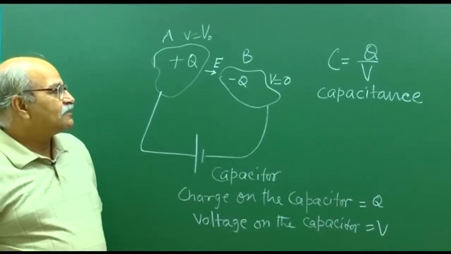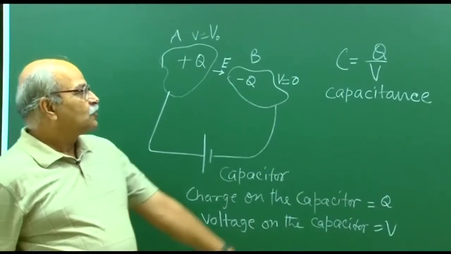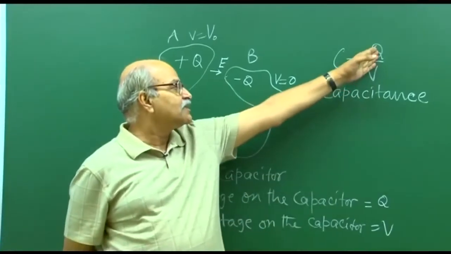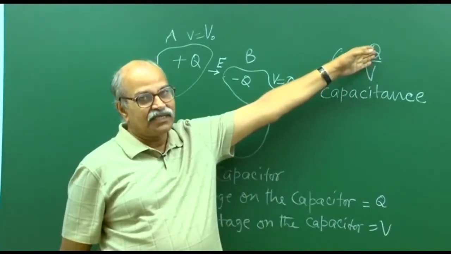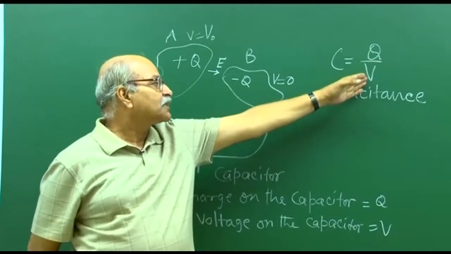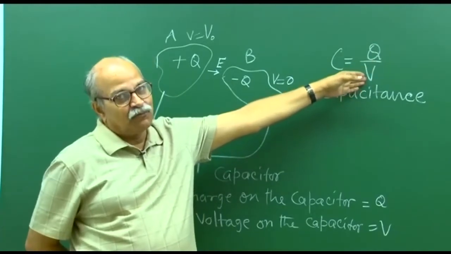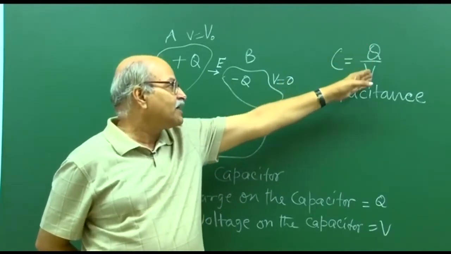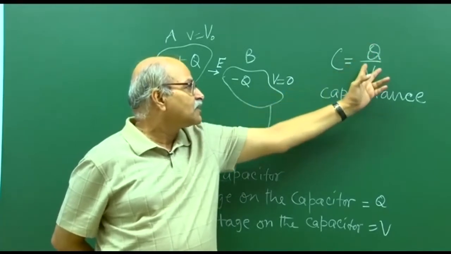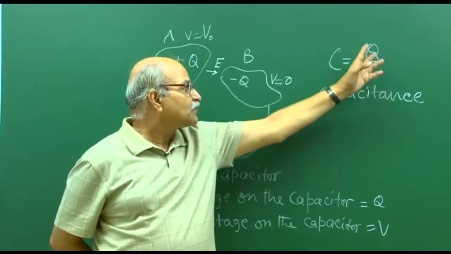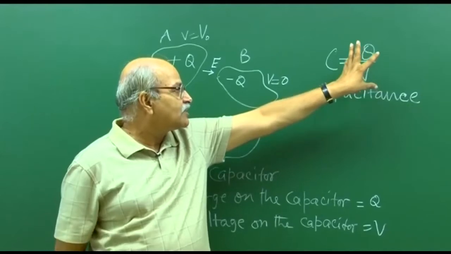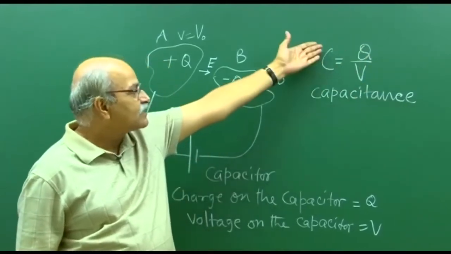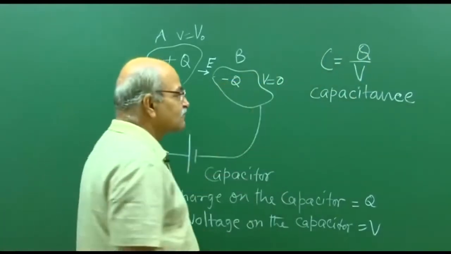So what would be the unit? Q, charge, is measured in coulombs, SI unit. Potential difference is measured in volts, and when you divide coulombs by volts, the unit you get is known as farad.